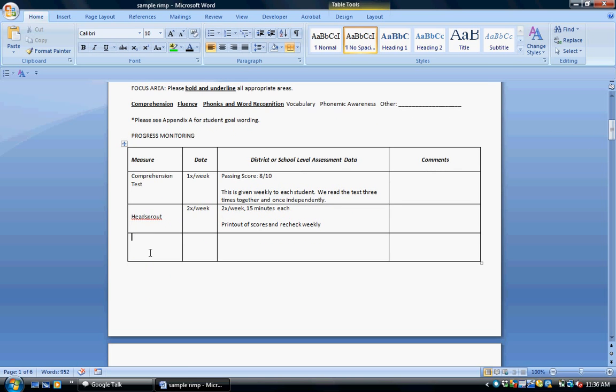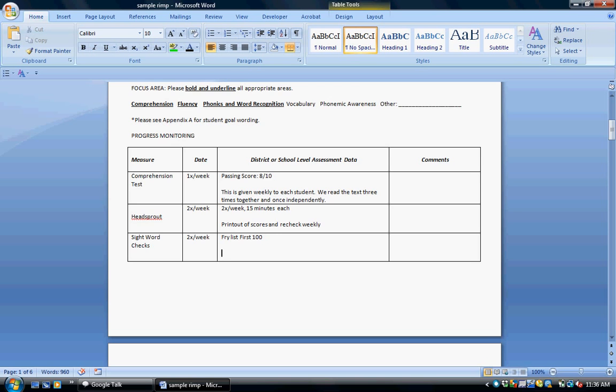I also do sight word checks with him. That's twice a week. Sorry, y'all. That's 2 times a week. He is on the FRA list, the first 100.